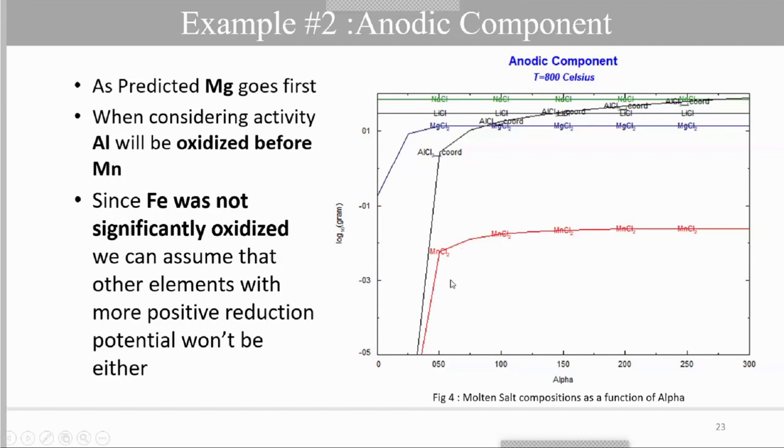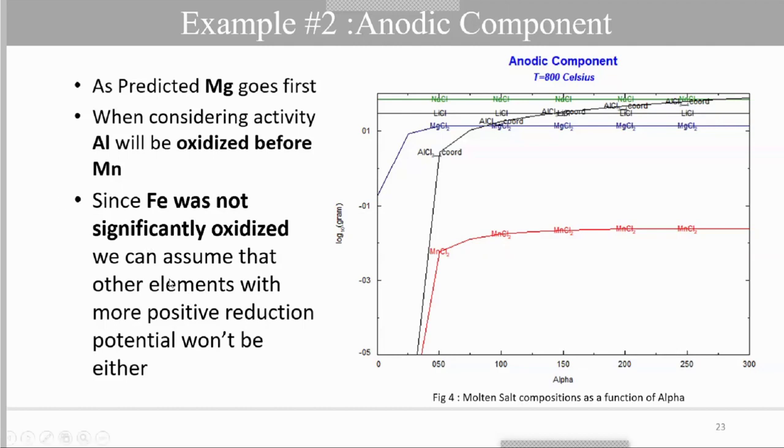But we can also see that the amount of aluminum chloride increases way before the manganese chloride increases. So when we look at the activity contribution, we can see that it's the aluminum that is going to oxidize before the manganese. This tells us that we will not be able to remove the manganese by electrorefining this alloy.